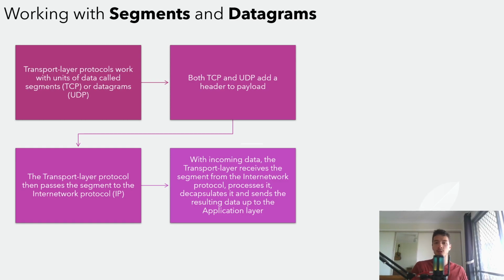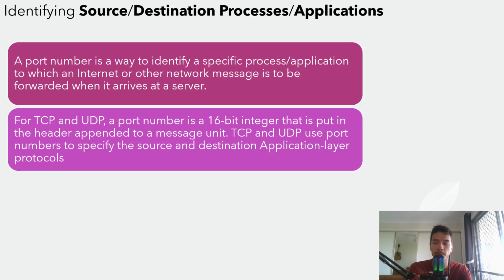With incoming data, the transport layer receives the segment from the Internet Protocol, processes it, decapsulates it, and sends the resulting data up to the application layer. So you're receiving the data, you're processing it, it's going through the Internet Protocol, then it's being pushed up that OSI/TCP/IP model into your application for you to then view it.